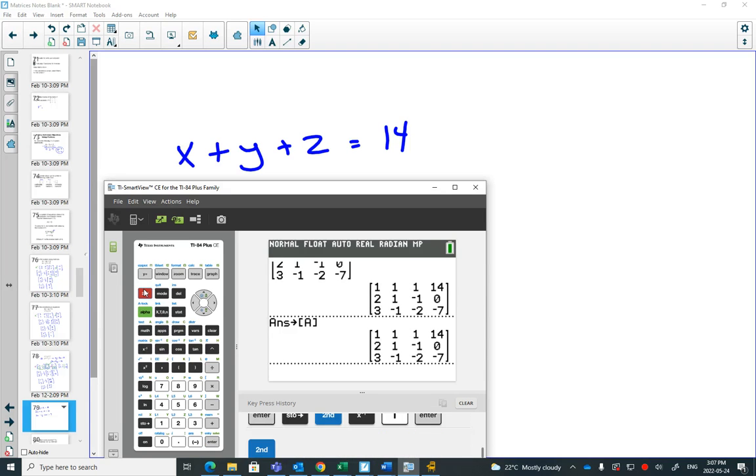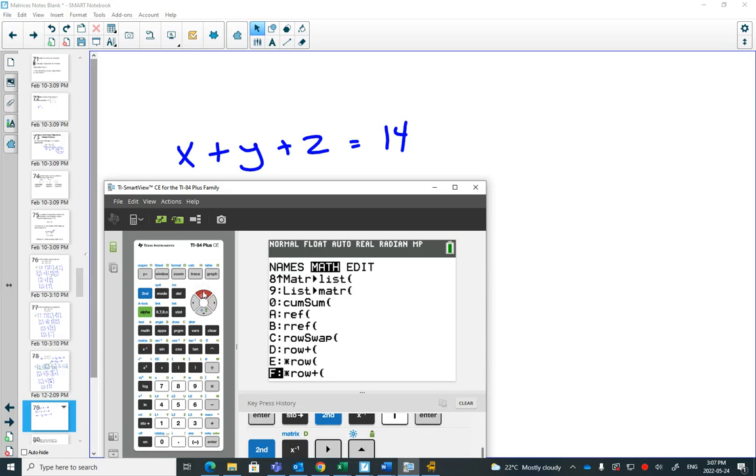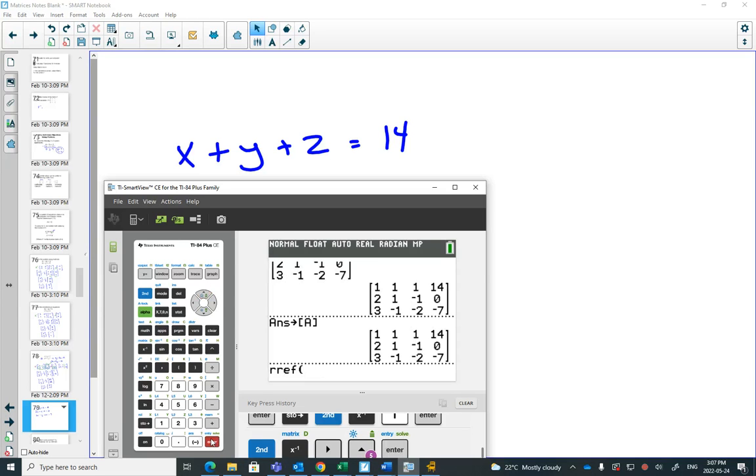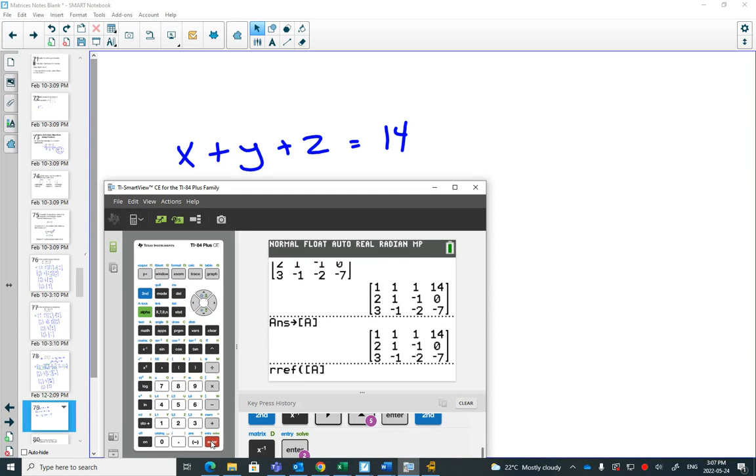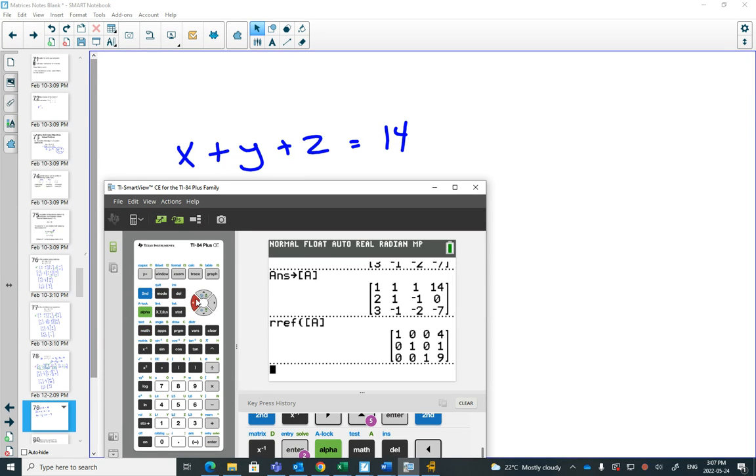And now do our matrix math with that one. Reduced row echelon form of matrix A. Look at that. 4, 1, 9.